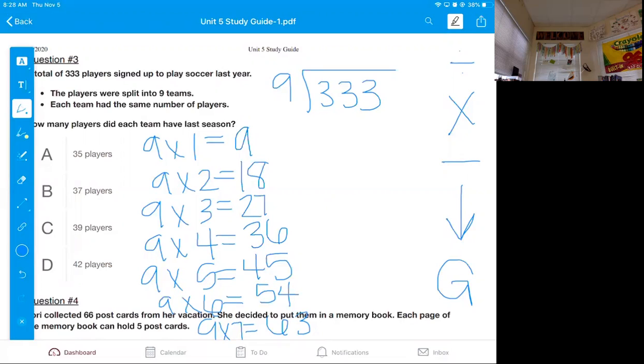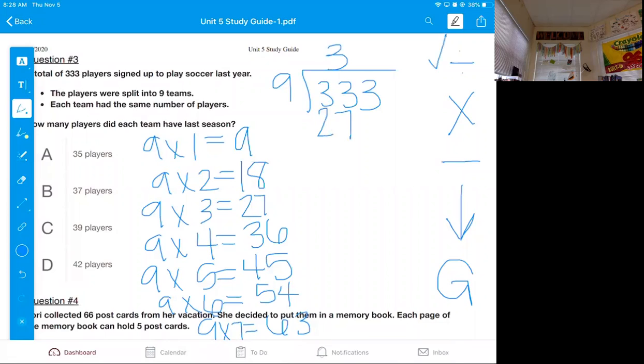So I've got to look at my facts over here and find one that gets me close to 33, but doesn't go over it. Which one should I use, Diana? 9 times 3. And it equals 27. All right, so I'm going to write the fact, which is 3, at the top, and I'm going to write the answer underneath. So I put 3 on the top, 27 on the bottom.